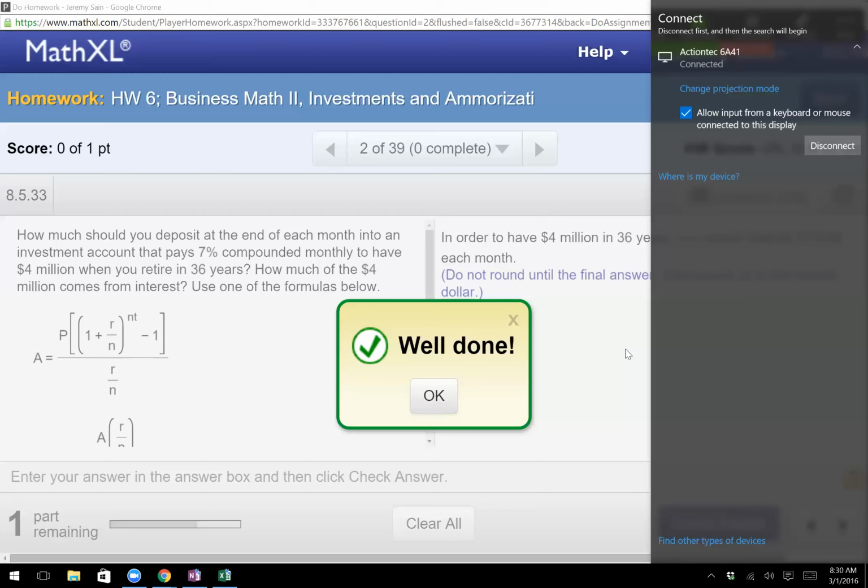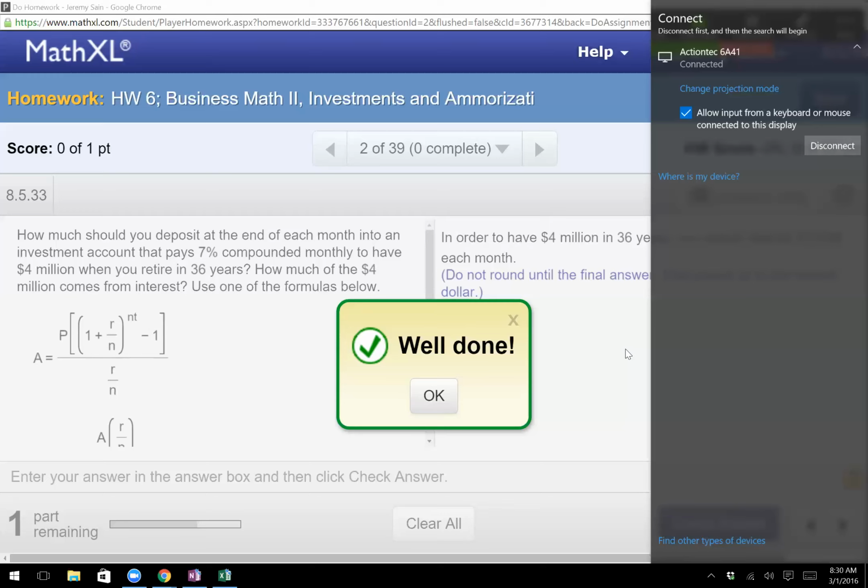And how am I going to figure out how much was interest and how much was me? So that times 19 is what I paid.